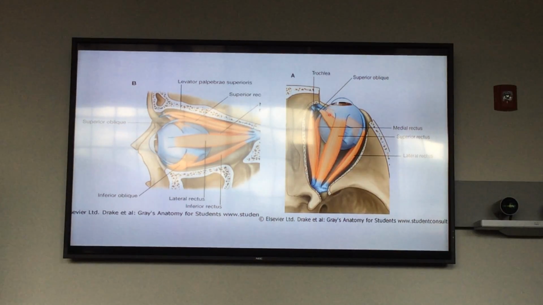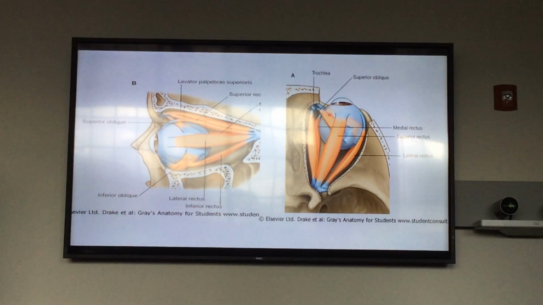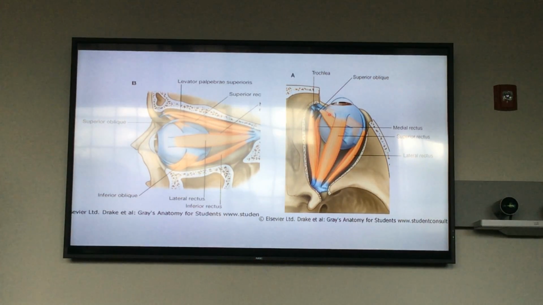All the rest are done by the oculomotor nerve. So if I can't draw the pupil laterally, I must assume I have lost the lateral rectus muscle. If I draw the pupil medially and I cannot draw the pupil down after I draw it in, I have damaged the trochlear nerve.